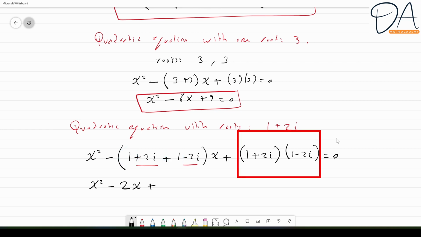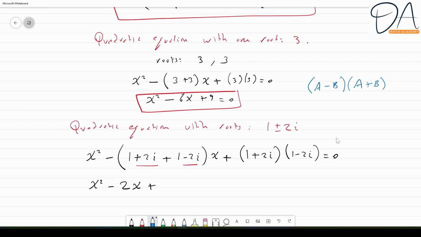Now to multiply this, notice this is of the following form: a minus b times a plus b. And you know that whenever you have something like this, it will be a squared minus b squared. Of course, if you don't remember this, you can just do it as we normally expand.